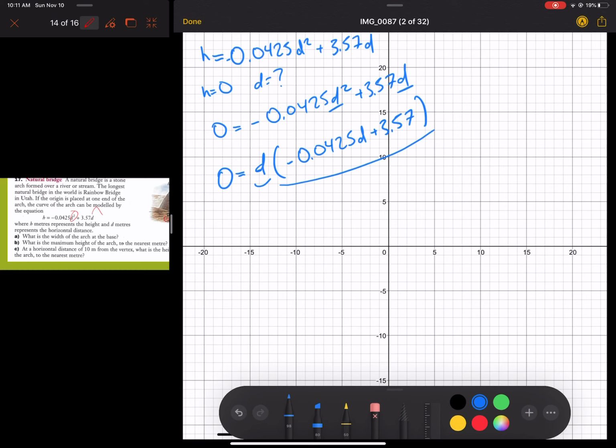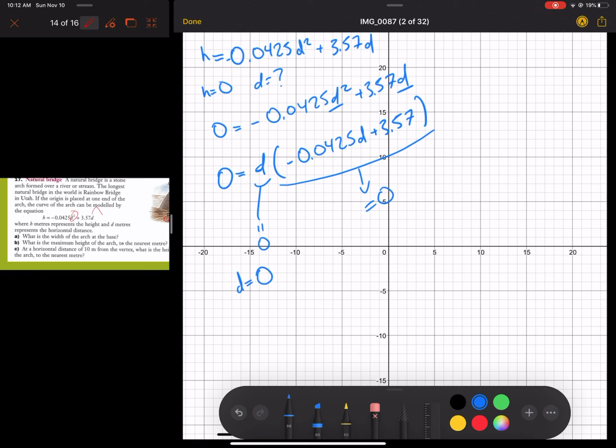Now, two things multiplied by each other equal 0 when this equals 0 or this equals 0. Either or. So one scenario where this relationship will be true is if d equals 0.